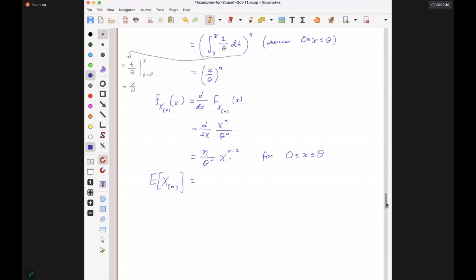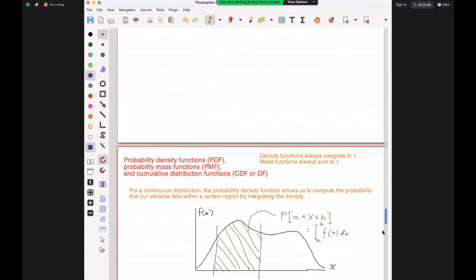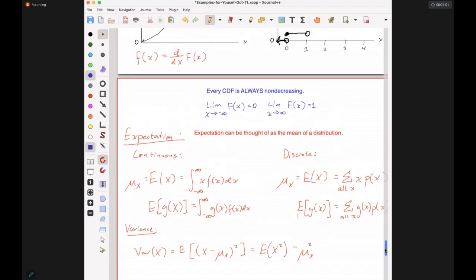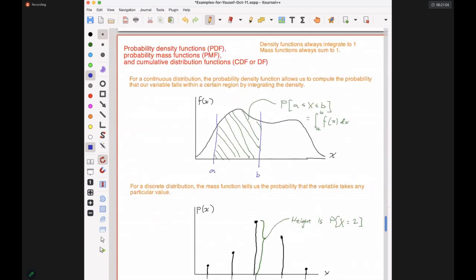So expectation in general, we can write as the integral over the whole range of our variable of x times the density of x dx.